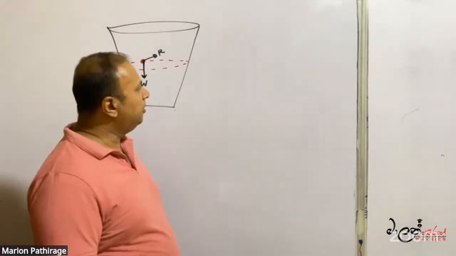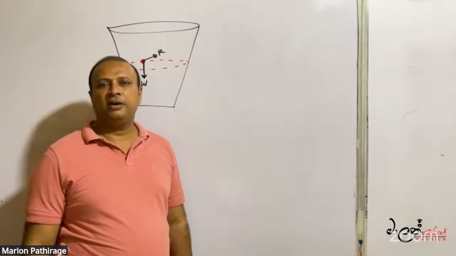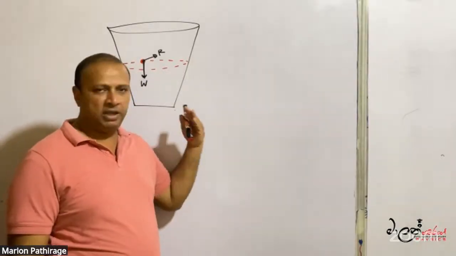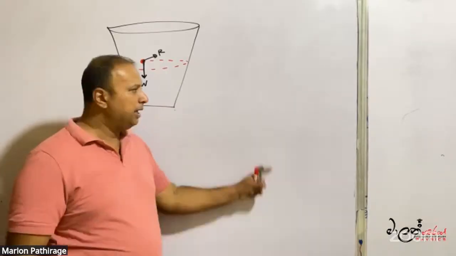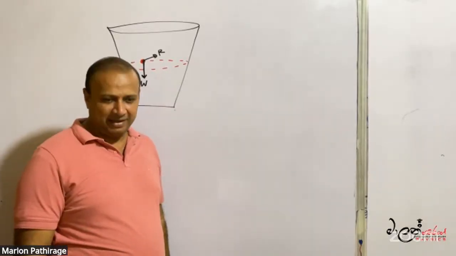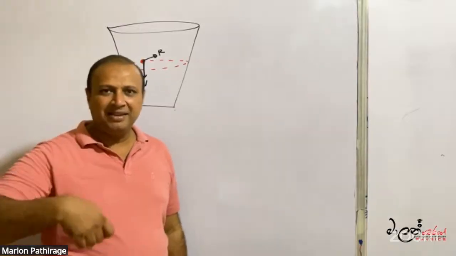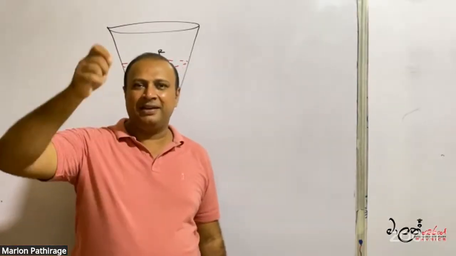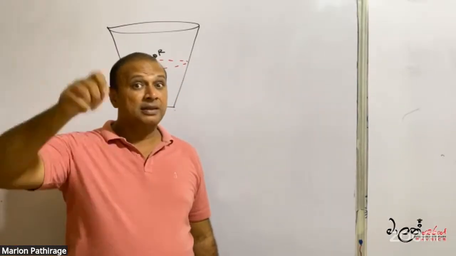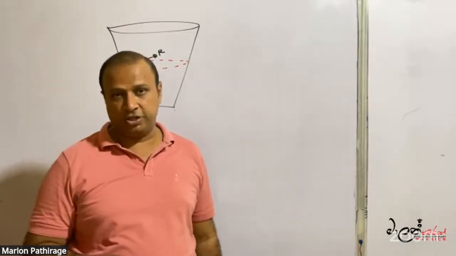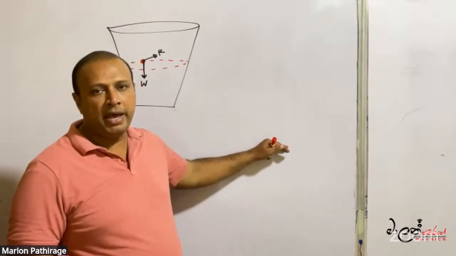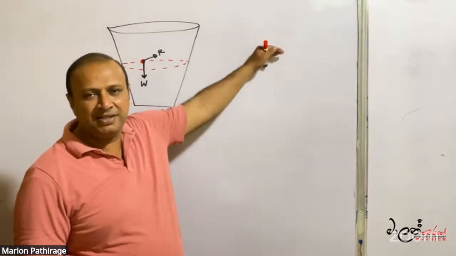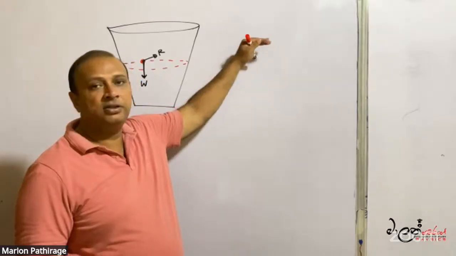So when there is a swing, the maximum tension force occurs at the bottom. As we described in vertical circular motion, the maximum tension force occurs at the bottom and the least tension force occurs at the topmost position.